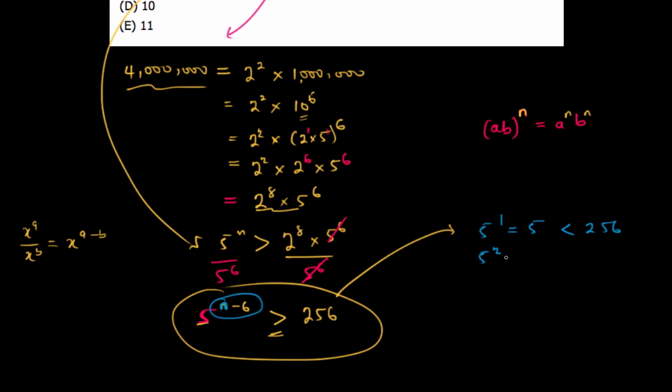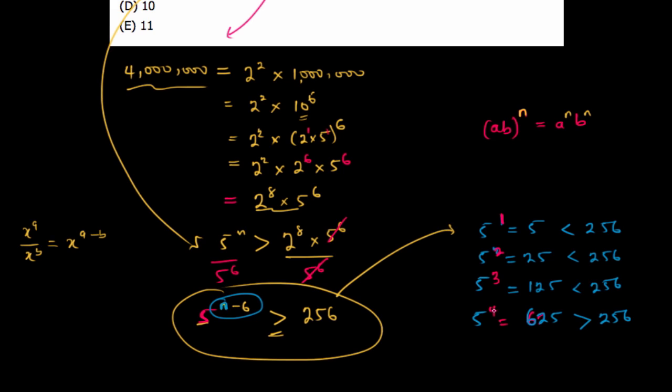Let's increase that. 5 squared gives us 25, which is still less than 256. 5 to the power 3 gives us 125, which is still less than 256. But when we have 5 to the power 4, this is 125 times 5, which is 625. Now this is greater than 256.